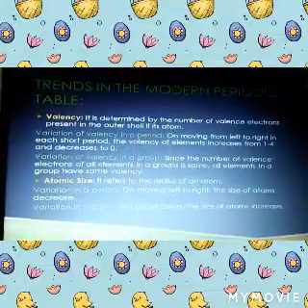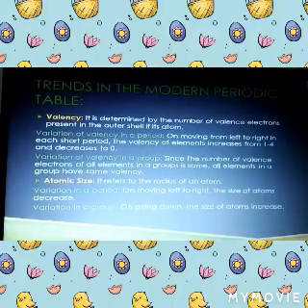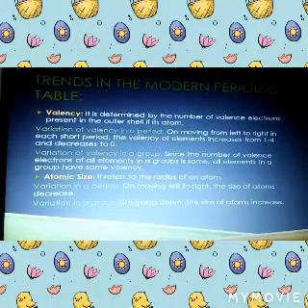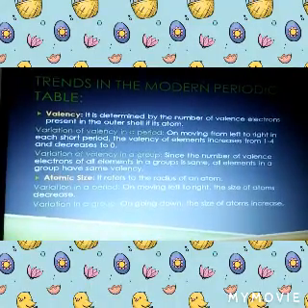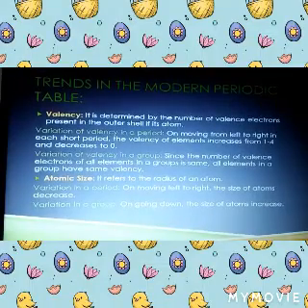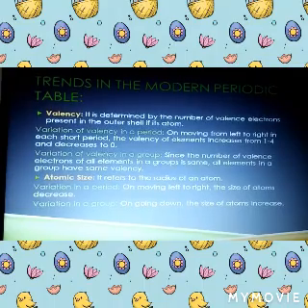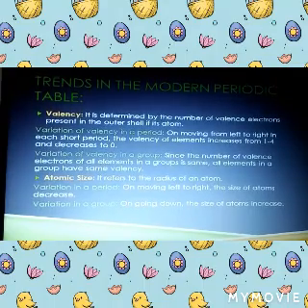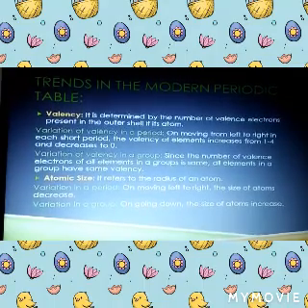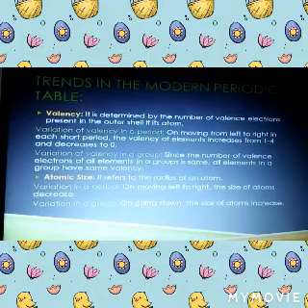Now, trends in the modern periodic table. Valency: valency is determined by the number of valence electrons present in the outer shell of its atom. In periods, on moving from left to right, the valency of elements increases from 1 to 4 and decreases to 0.